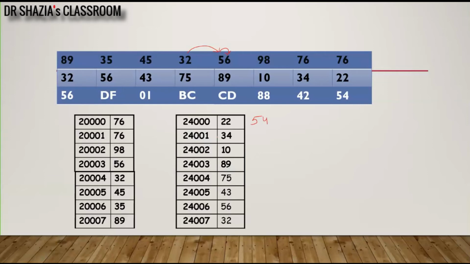At 24,001 should be 42, 88, CD, BC, 01, DF and 56. As this is little endian format of storage, the LSB byte will be stored in the first memory location followed by higher significant bytes.